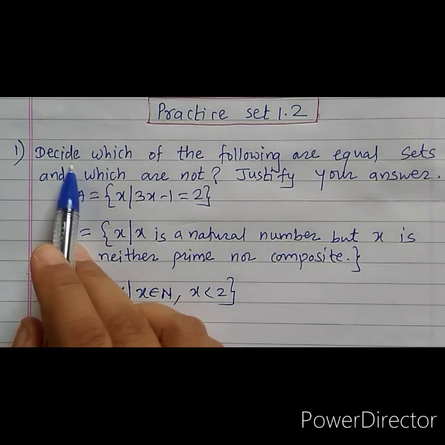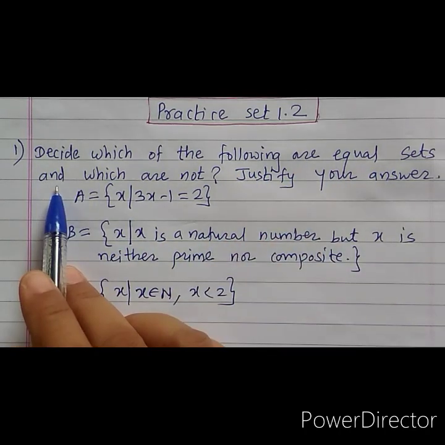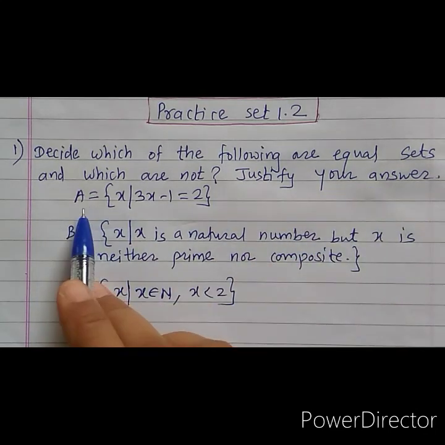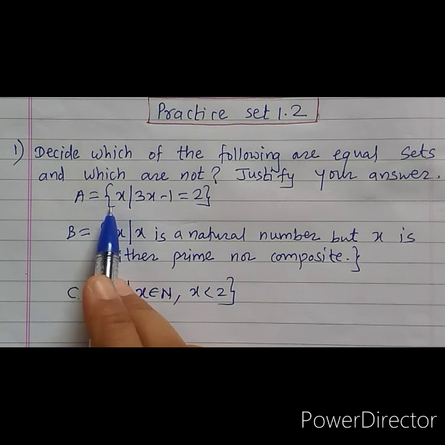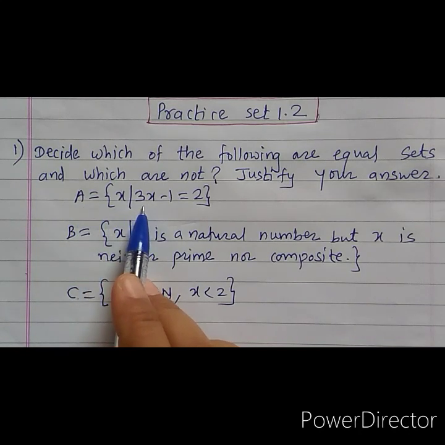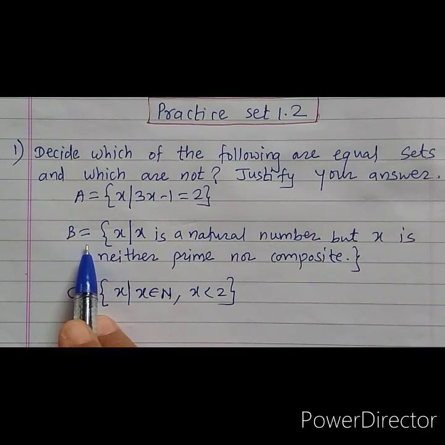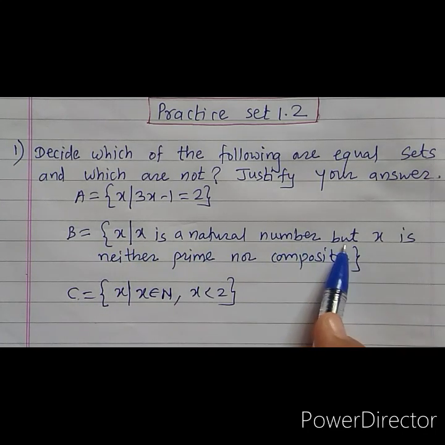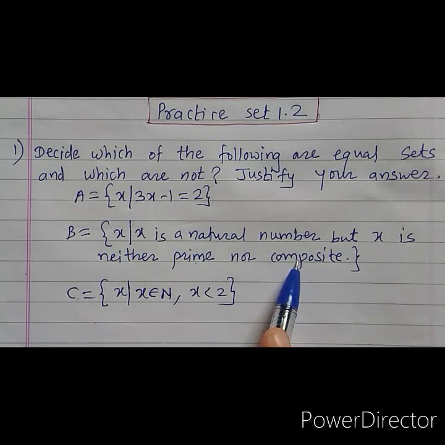Example number 1. Decide which of the following are equal sets and which are not. Justify your answer. We have three sets A, B, C. Set A is given as {x such that 3x minus 1 is equal to 2}. Set B is equal to {x such that x is a natural number but x is neither prime nor composite}.